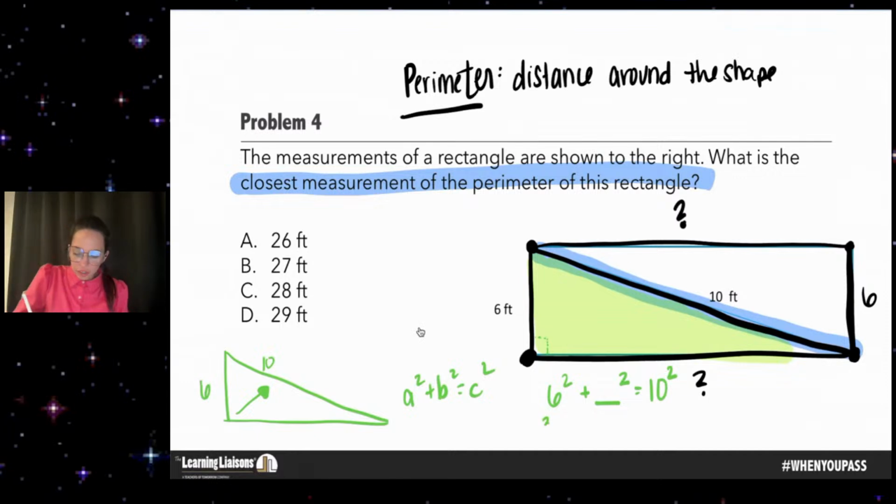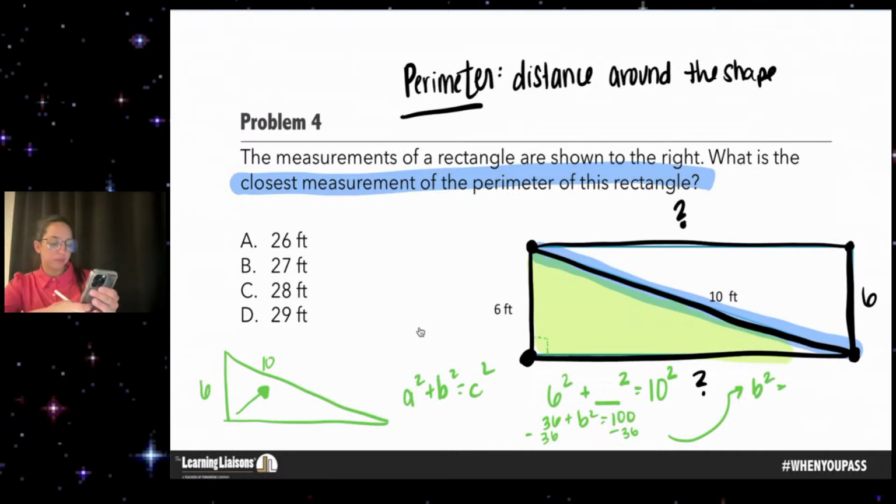So I have 36 plus b squared equals 100. Subtract 36 from both sides. I have b squared equals 100 minus 36, which is 64.